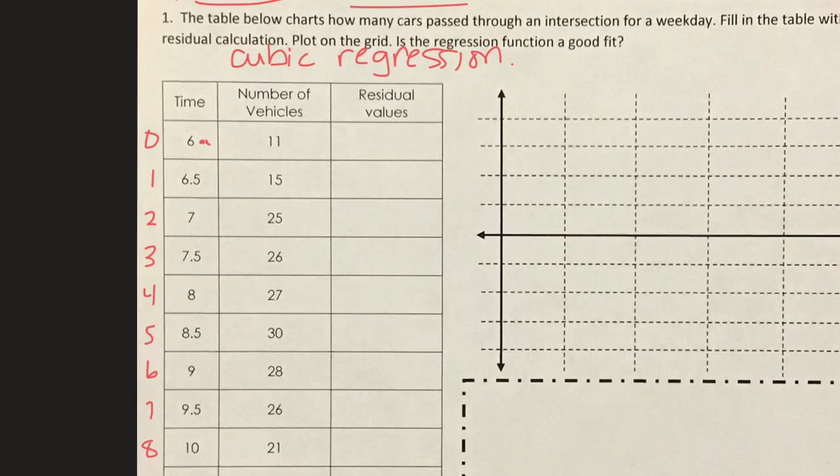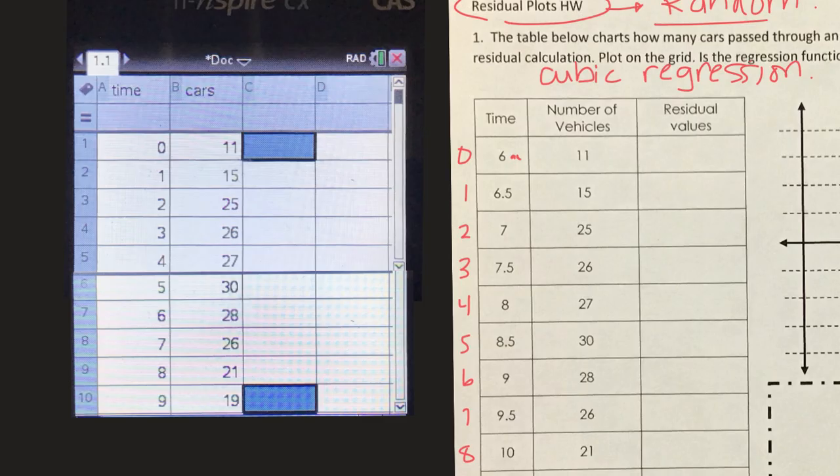Okay, so I'm going to put this in my calculator, and then I'll snap a picture of it to see what it looks like. So there is our data in there, and now we're going to use our calculator. We're going to hit menu and do our statistic calculations, and we want to do a cubic regression line.